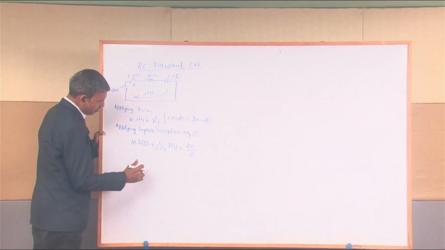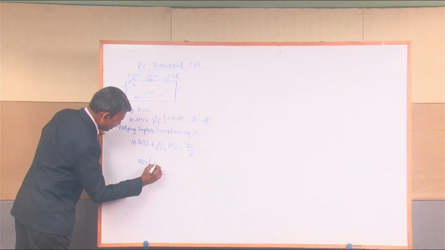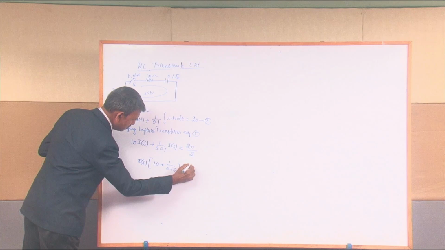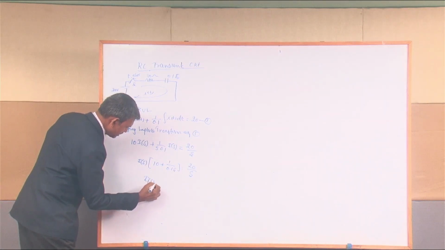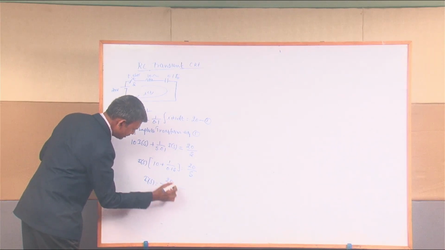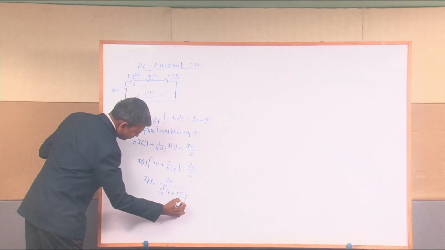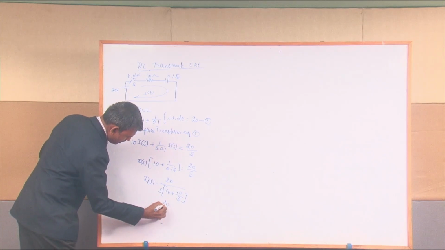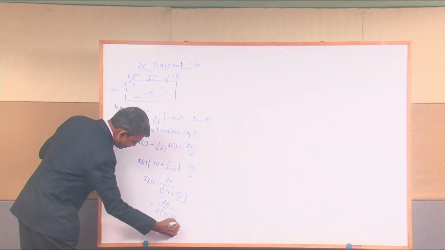In these two terms I(s) is common, so we can take it outside: I(s) into 10 plus 1 divided by 0.1 s is equal to 20 divided by s. So, I(s) is equal to 20 divided by s into 10 plus 1 by 0.1, which is 10 by s. So, we can take the LCM for this term, so 20 divided by s into 10 s plus 10 divided by s.